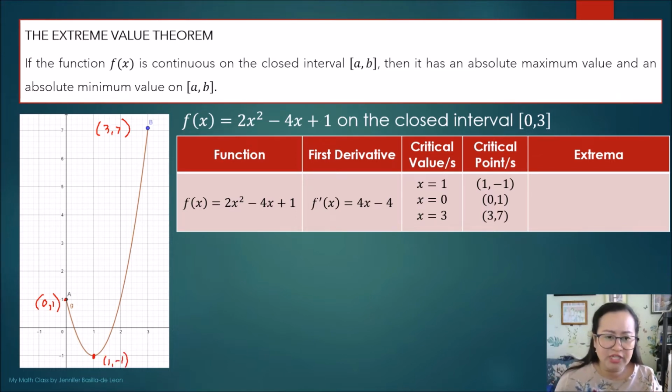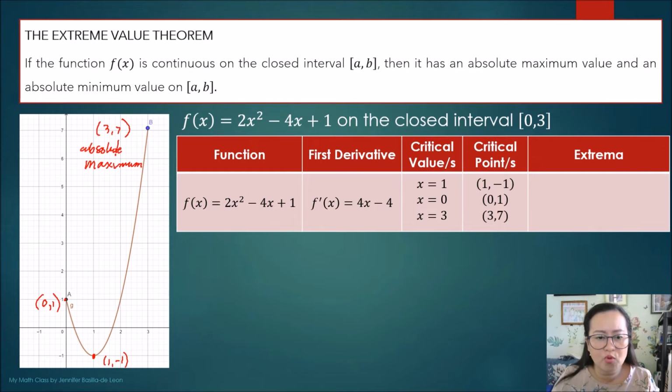By merely looking at its location, we can say that since this is the highest point on the graph, it's the absolute maximum point. Or shall we say, at this point, we can find the absolute maximum value of the function. So at x equals 3, we can get the highest value of the function, which is 7.